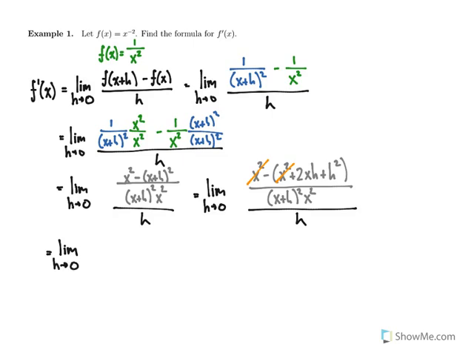We'll be left with the limit as h approaches 0. Note that we are going to distribute the negative to each term here. We're going to be left with negative 2xh minus h squared all over x plus h squared x squared all over h. And now I'm going to combine that into one fraction by multiplying by the reciprocal.